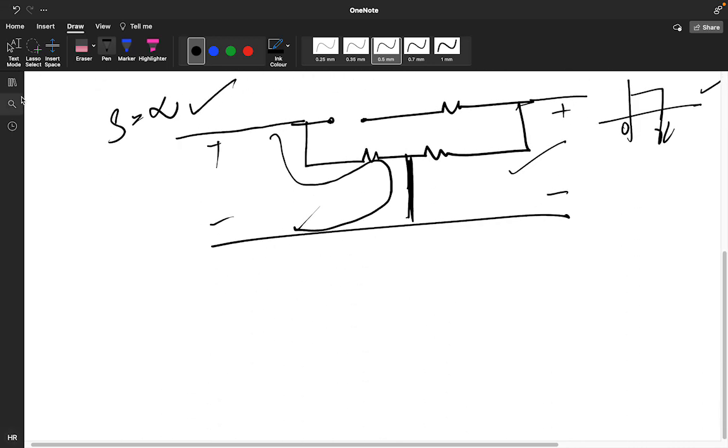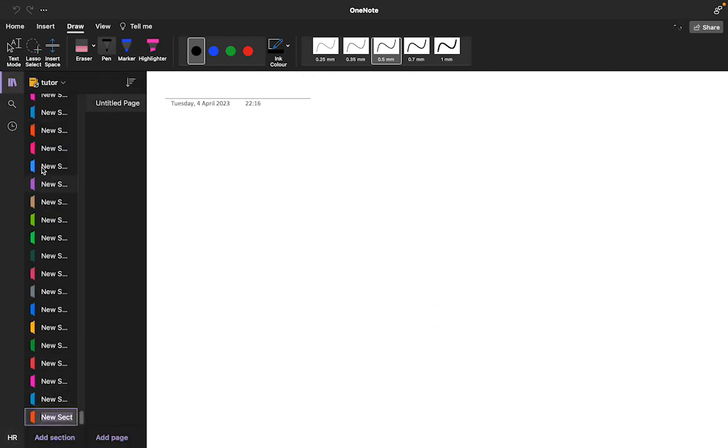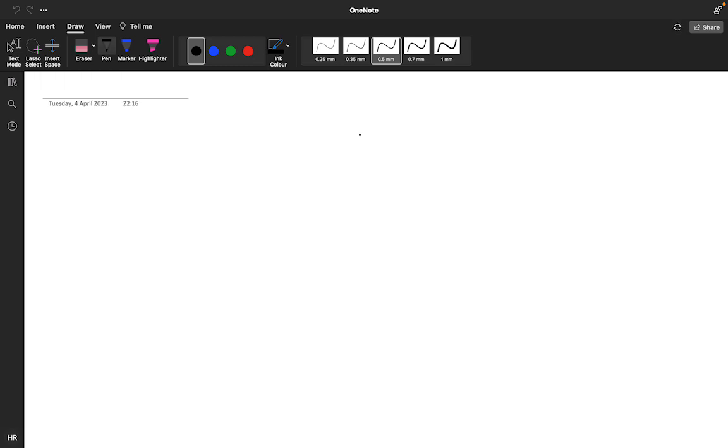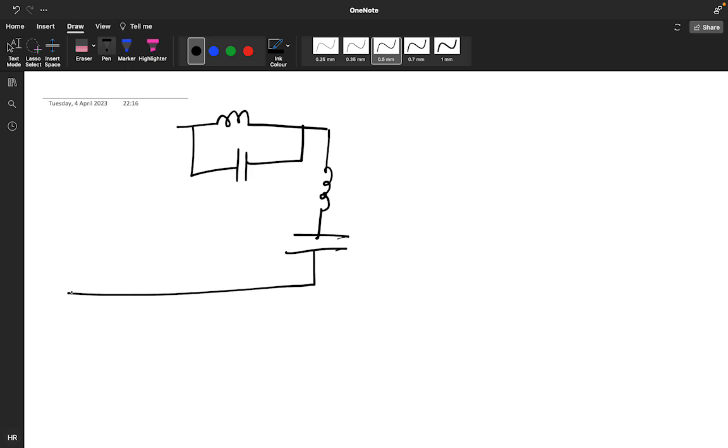Now the second question is, you need to find whether it is a low pass filter or a high pass filter. The question is like this: you have an inductor, you have a capacitor, here you have an inductor, and here you have a capacitor.